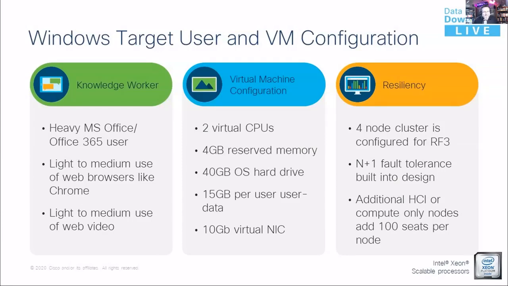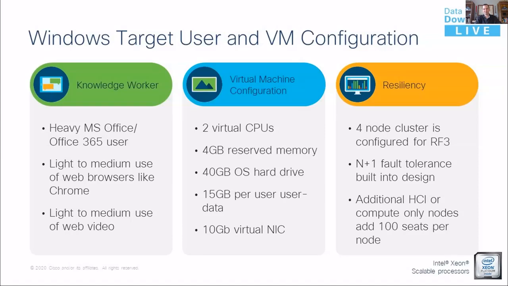So as we dive a little bit deeper into the sizing of the bundles that we have defined, again, the knowledge worker we chose more for that heavy Office 365 use case. Medium to lightweight browser usage. There's some websites that have some pretty ad-sensitive requirements.